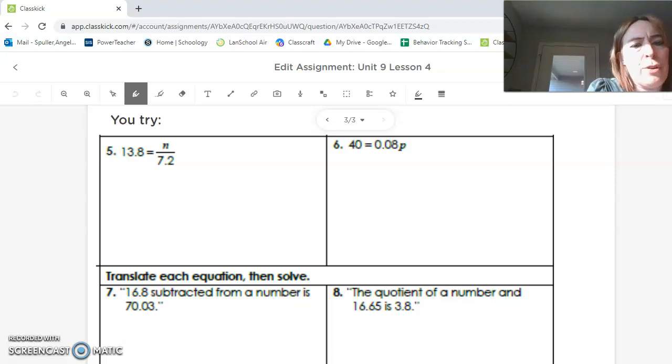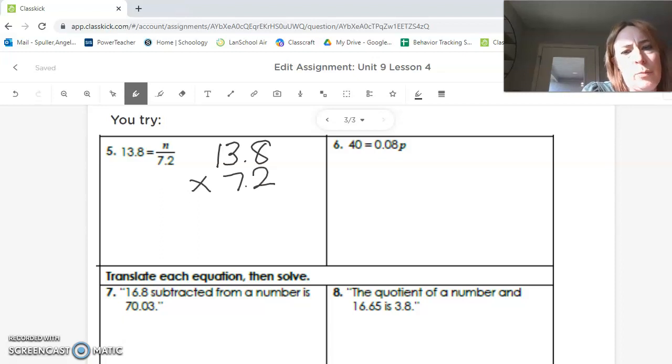All right, so for this first one, you should have said 13.8. Here we're dividing, so we're going to say 13.8 times 7.2. 2 times 8 is 16, carry the 1. 2 times 3 plus 1 is 7. 2 times 1 is 2.